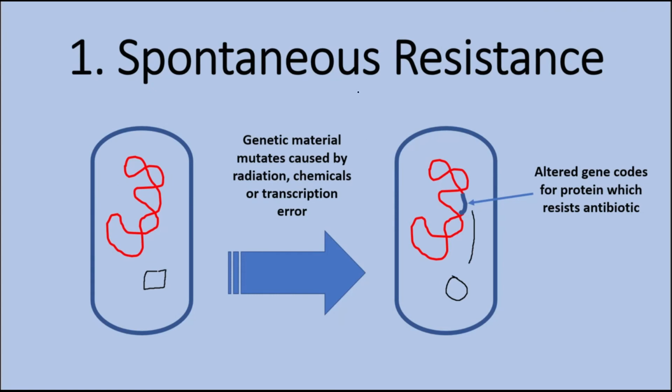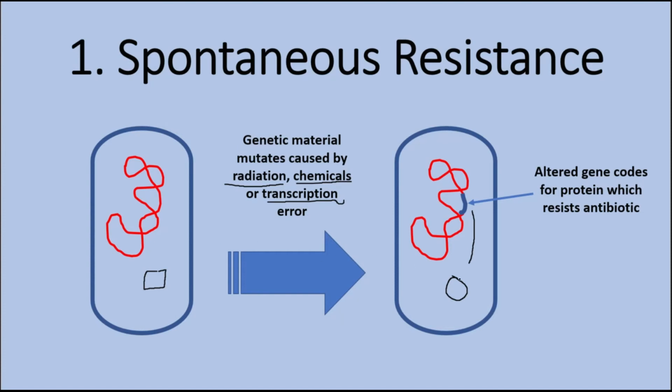Spontaneous resistance, don't forget, we're talking about how bacteria change their genetic information. Well, suddenly it could just change. It can change by radiation, by chemicals, or by a transcription error. That's that word again about copying genetic material. So go back to my biomolecules video if you don't get that.